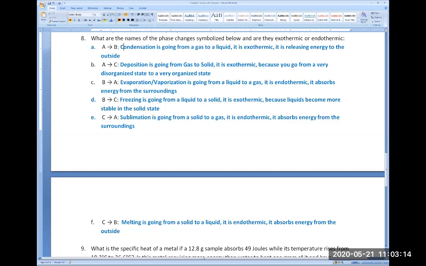Evaporation is the opposite of condensation, so if evaporation is endothermic, then condensation is exothermic. Same with sublimation and deposition: deposition is exothermic, so sublimation has to be endothermic. The opposite process has the opposite energy change. So deposition and sublimation go together.